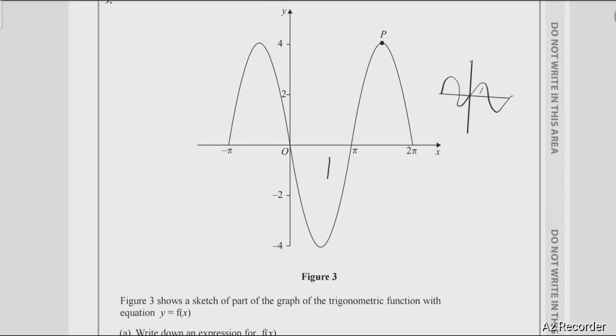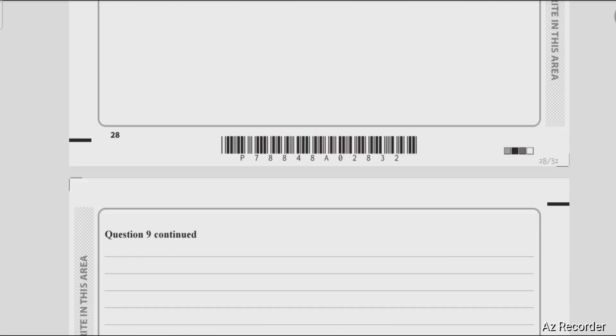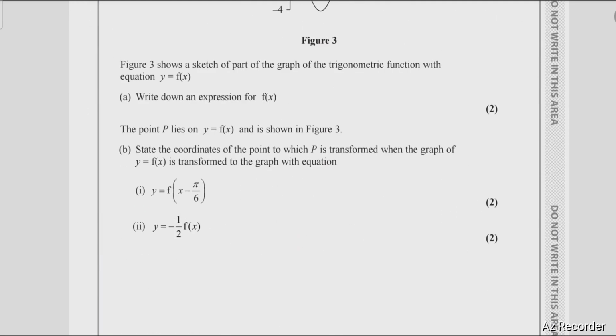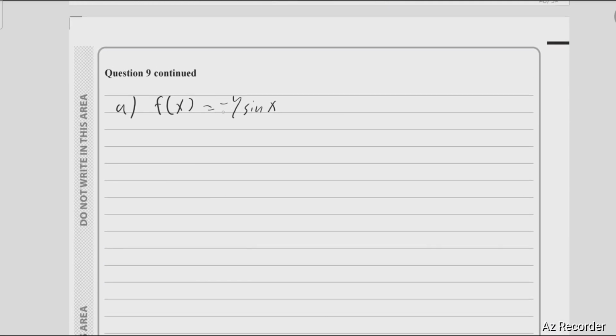Also, you could find that that's 4, which is multiplied by 4. The normal is 1. So it's a vertical stretch by 4, and it's a reflection in the x-axis as well. So f of x, that's question A, equals negative 4 sine x, because the reflection in the x-axis represents a negative sign.